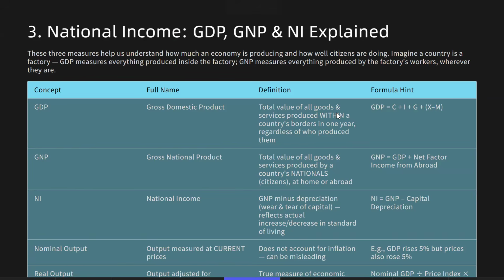Now, GDP has three different formulas. After I go through all of the different terms and concepts that we have to learn in this section, we will look at those three different formulas in detail.